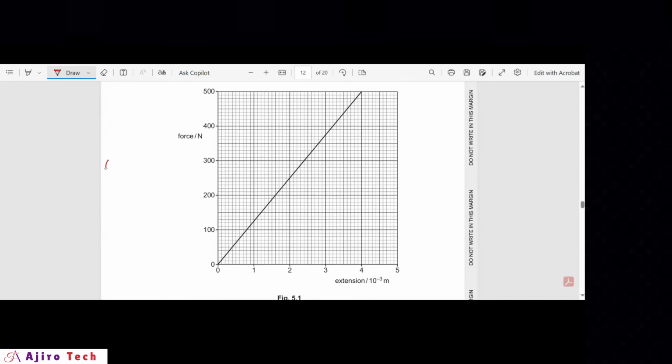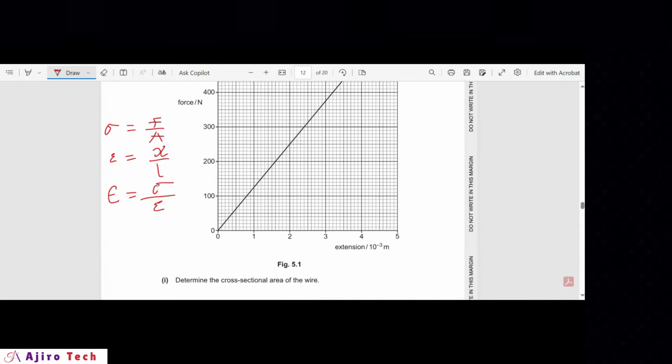We have stress as force over area, and strain as extension over length. So we have Young's modulus as stress over strain.